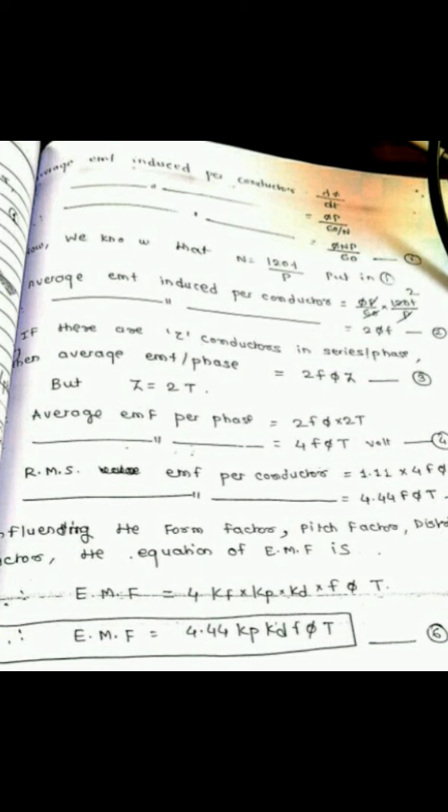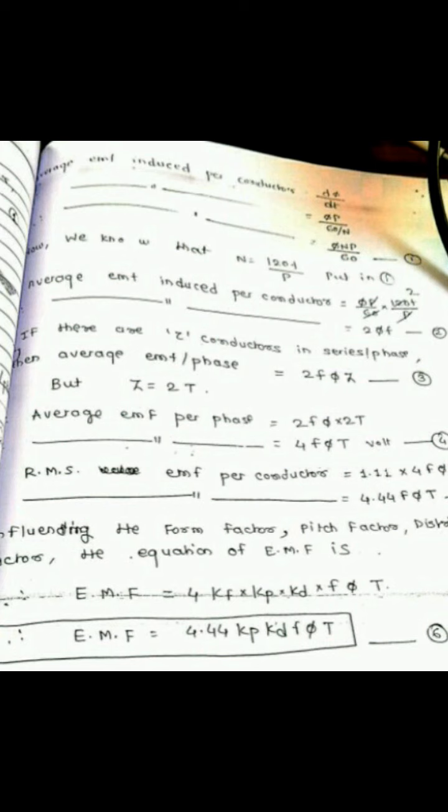By cancelling the various terms, that is p by p and 60 into 2 that is 120, we get equation number 2, that is 2Φf. This is the equation of average EMF induced per conductor while substituting the value of speed.